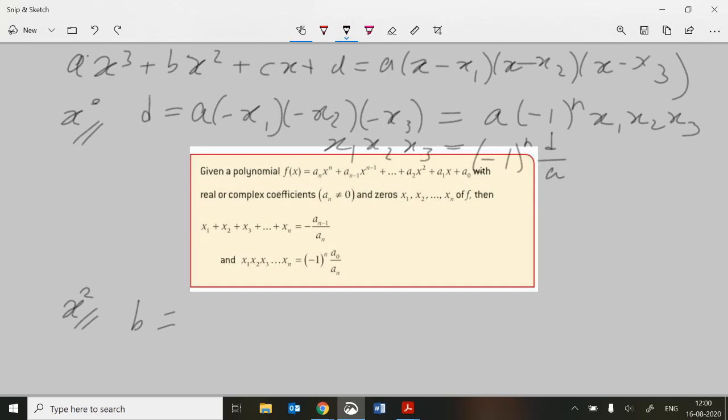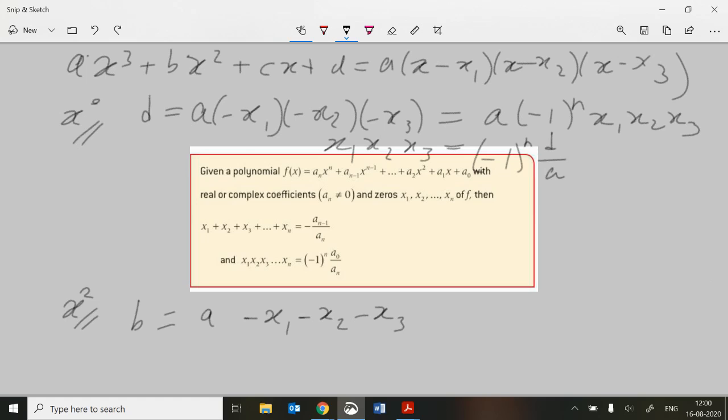So we're going to have minus x1 lots of x squared, minus x2 lots of x squared, and minus x3 lots of x squared. That's coming from multiplying out these brackets, because there's only three ways of getting an x squared term as we bounce between the brackets.